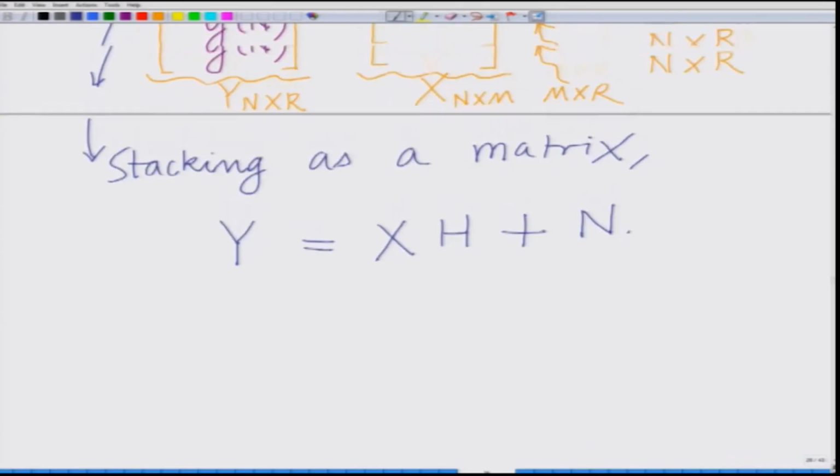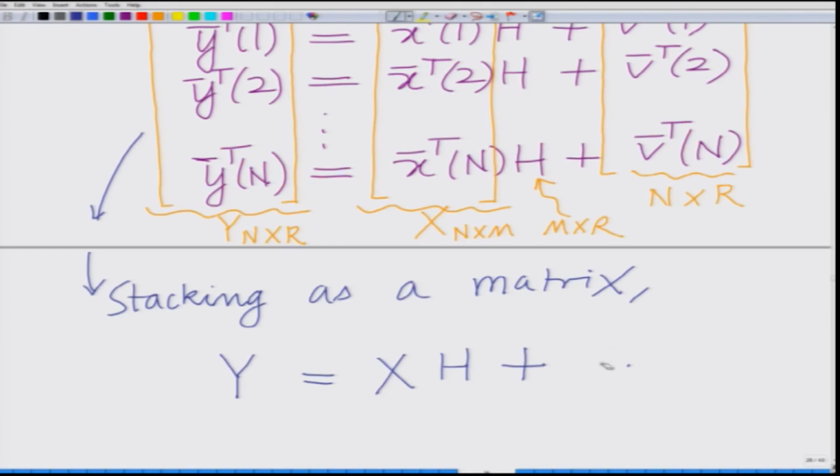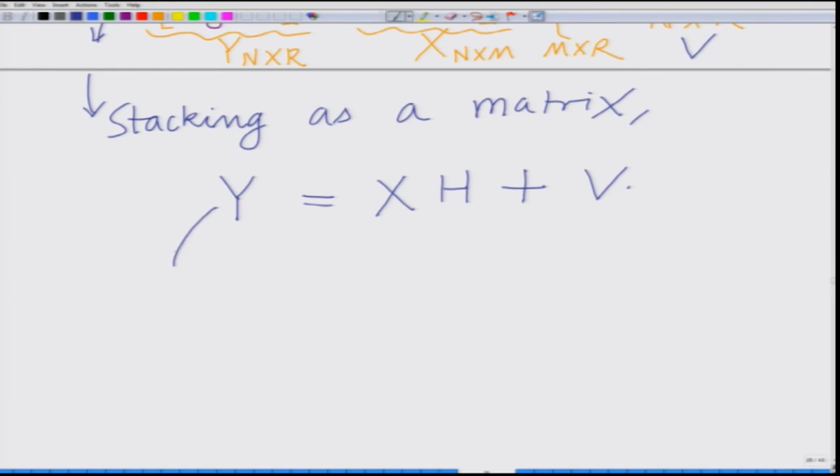Let me correct this: the noise matrix we are going to call V. So, this is your Y, the output matrix or observation matrix or received matrix, which is n cross r.